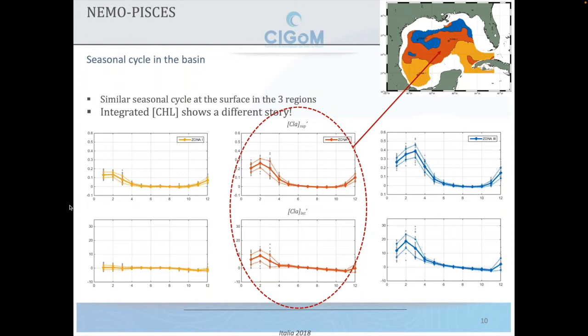And then you have the northern part where there is a clear seasonal signal both in the surface and in the total content of chlorophyll. And what explains this is the idea that in these different regions, the connection between the mixed layer and the nutricline is determining the presence or absence of this seasonal cycle. The next one, please.